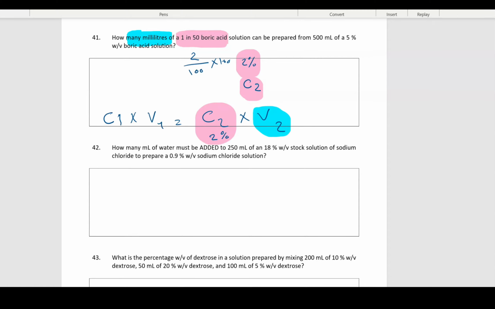Also, our first concentration is 5%, and the volume is 500.